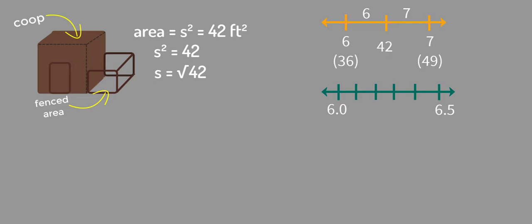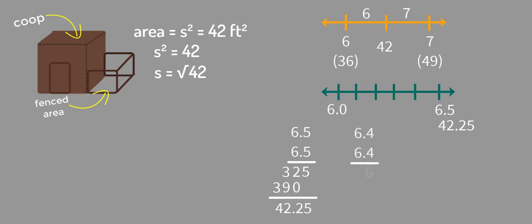What's 6.5 squared? Well, that's 42.25. So that's pretty close. Now let's try 6.4. 6.4 squared is 40.96.